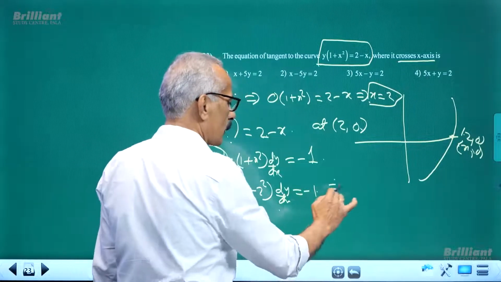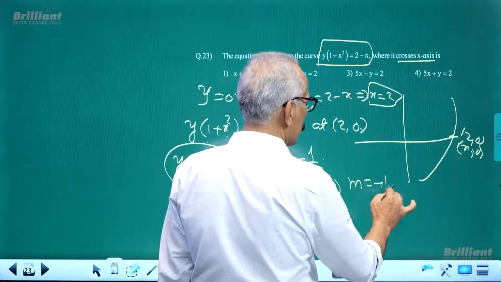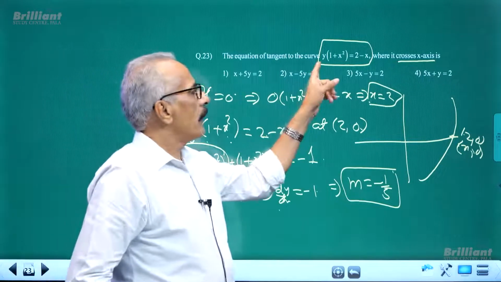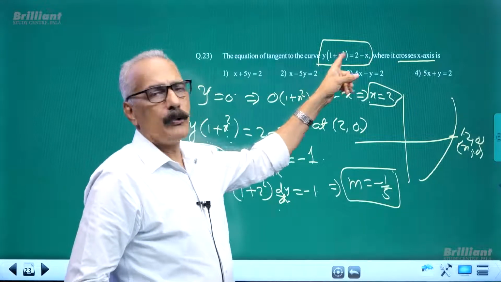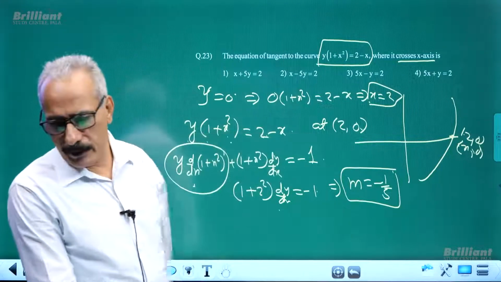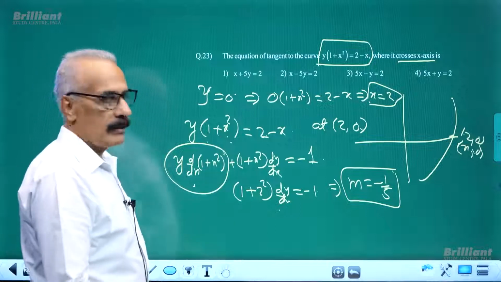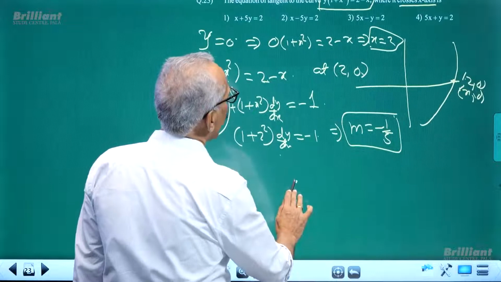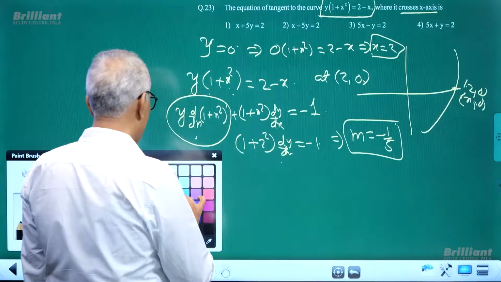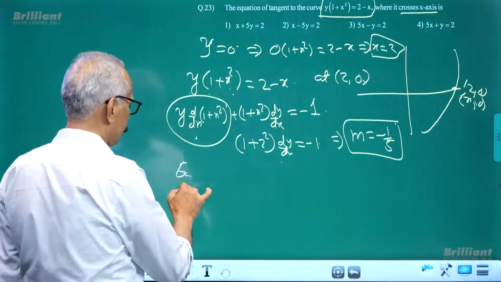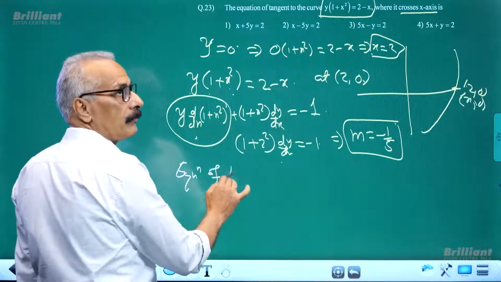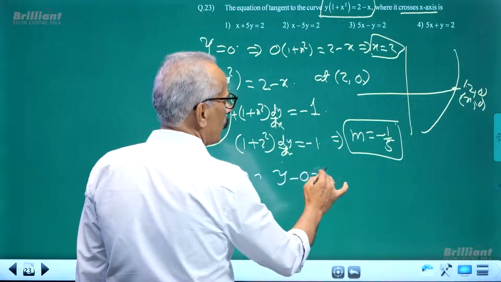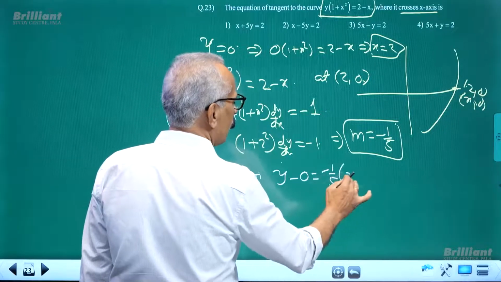Dy by dx is the slope. M is equal to minus 1 by 5. Or else you have to write y equal to 2 minus x divided by 1 plus x square and apply the quotient rule. So M is equal to minus 1 by 5. Well, now you write the tangent. So the equation of the tangent is y minus y1, that is 0, equal to minus 1 by 5 into x minus 2.